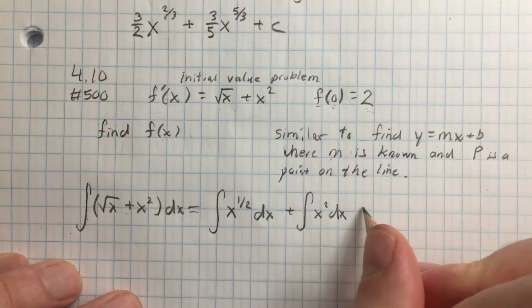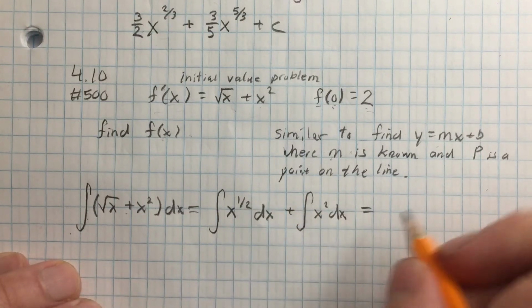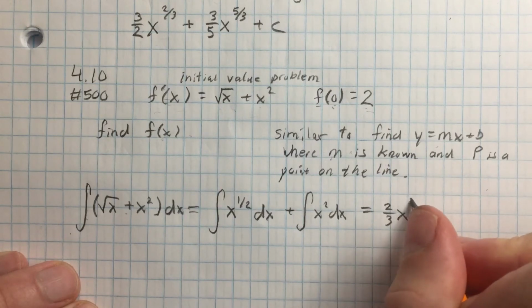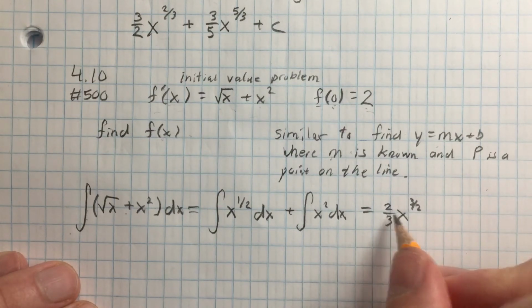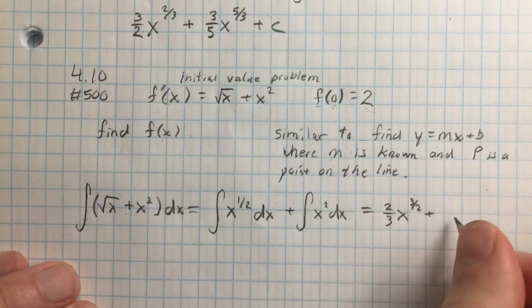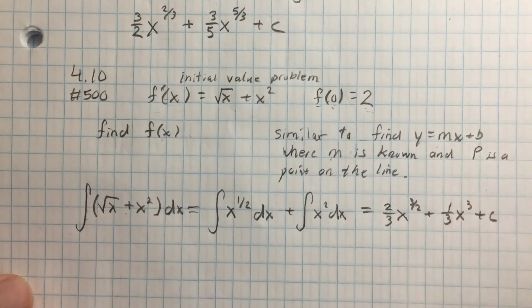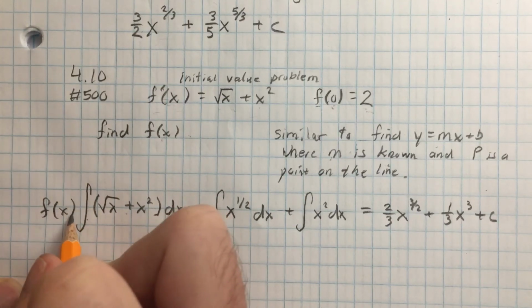All right, so keep moving, and we have 1/2 is going to go up to 3/2. So we'll have 2/3 x to the 3/2. Raise the power up by 1, multiply by reciprocal of new power. So for x squared, up by 1, and reciprocal of new power on the front, 1/3 x cubed. So this plus c.